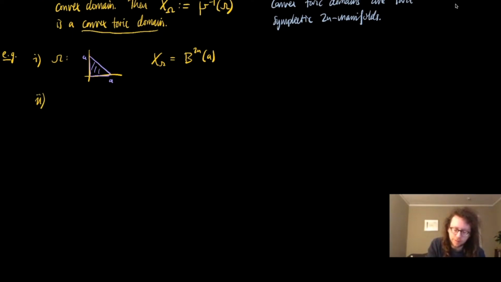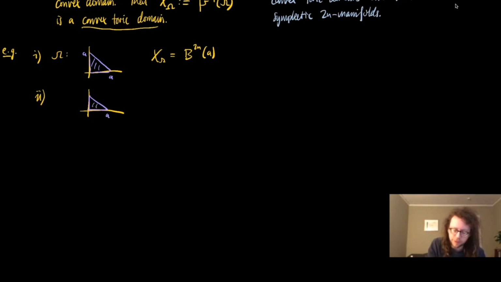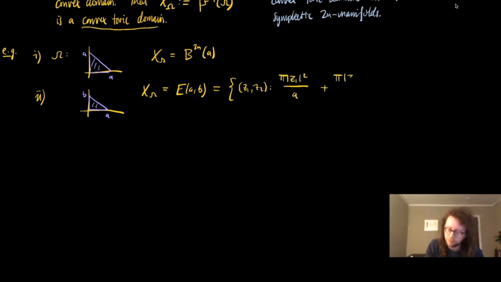Okay, if I modify this slightly and instead allow myself to have a triangle with some eccentricity, X_omega is an ellipsoid. And so I'll write this one down. So this is an ellipsoid with, up to scaling by pi, radii A and B.